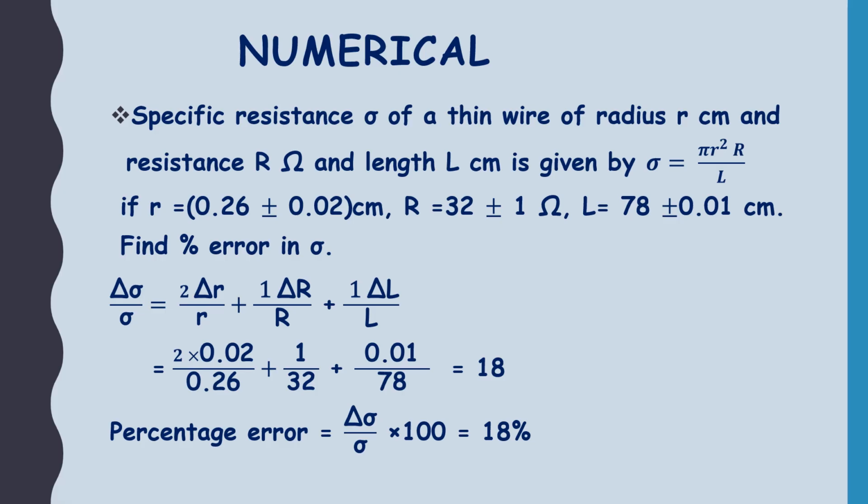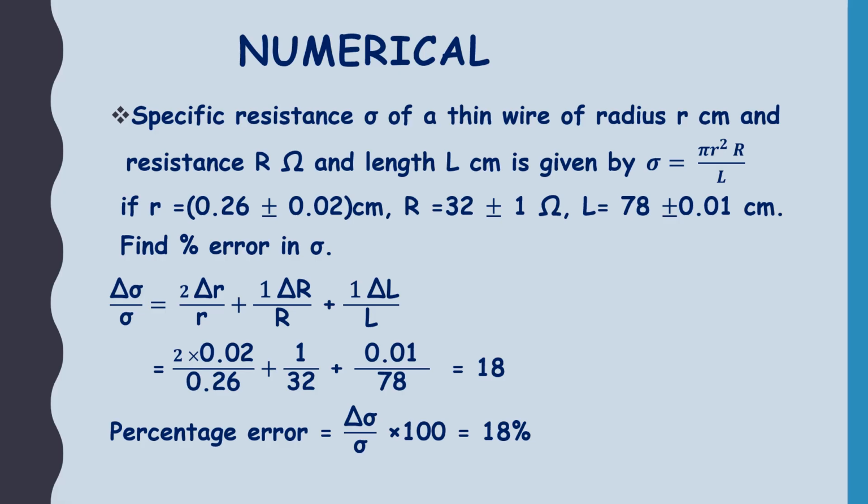What is this? r plus minus delta r. Here the value of r is 0.26 and the value of delta r is 0.02, and the resistance R is equal to 32 plus minus 1 ohm. 32 is R and plus minus 1 is delta R. L is 78 plus minus 0.01 centimeter, and you have to find the percentage error in sigma.